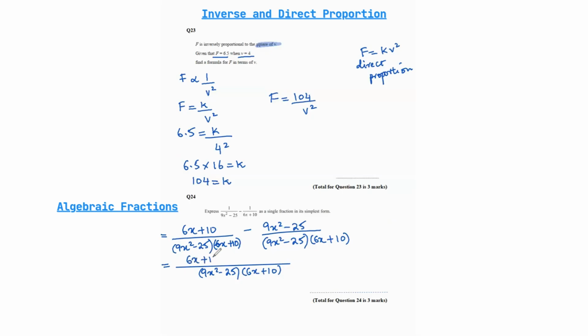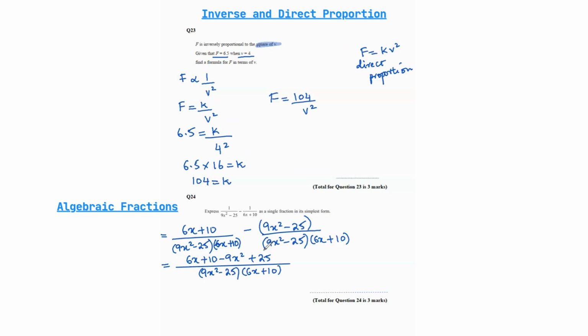Now this minus sign is going to get distributed with this expression. So it's going to become minus 9x squared plus 25. Do not make the mistake of just writing minus 9x squared minus 25. That's incorrect. This minus sign is in the middle of the two fractions, so when you combine the fractions, the minus sign gets distributed with both terms of the second fraction.